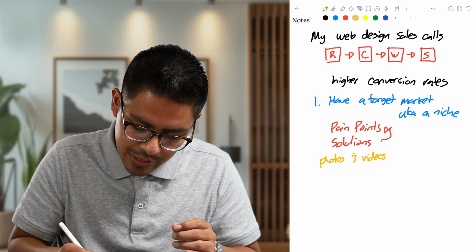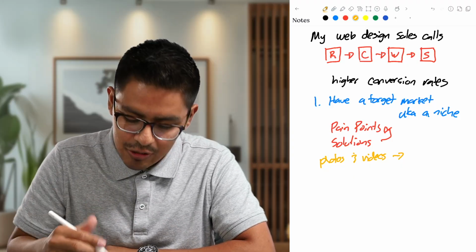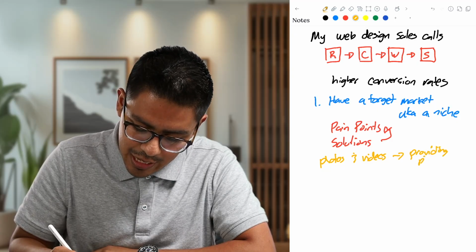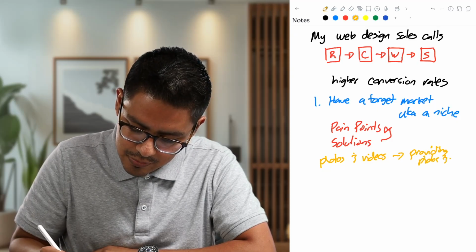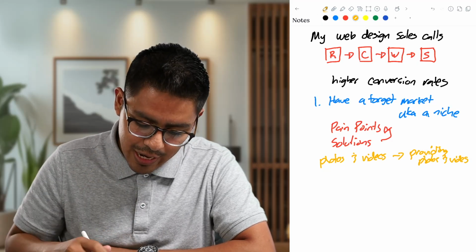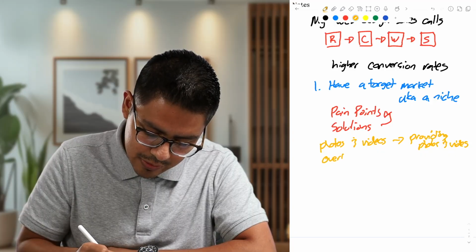So that's a pain point. So in the sales call, I'll have them uncover that pain point and then I'll provide the solution, which is simply me providing photos and videos. So pain point, solution.